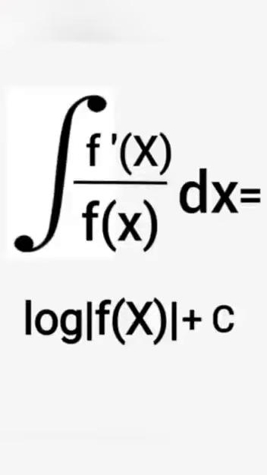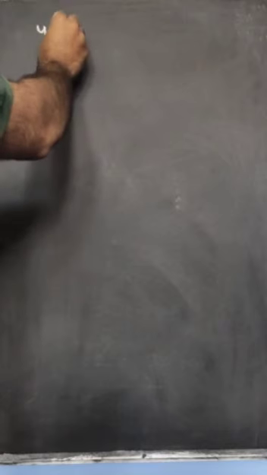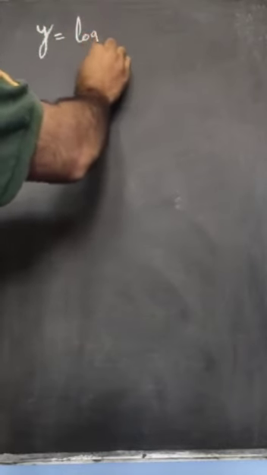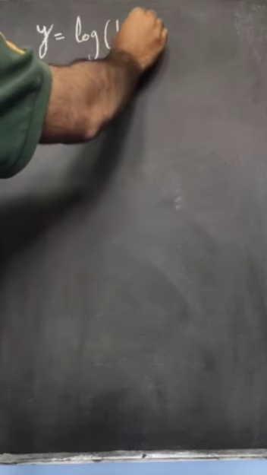Now, if you have functions of this type where in numerator you have derivative of denominator, then integral of those functions is equal to log of mod of denominator. Now let us take a function y is equal to log of f of x.